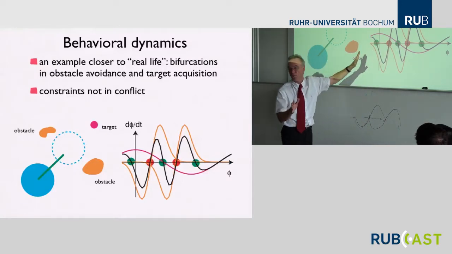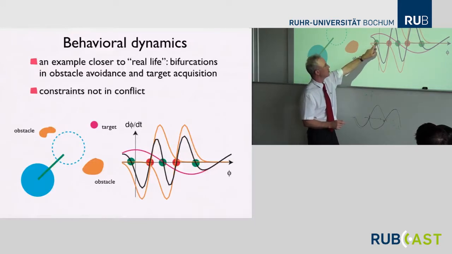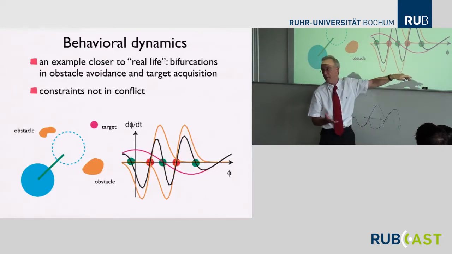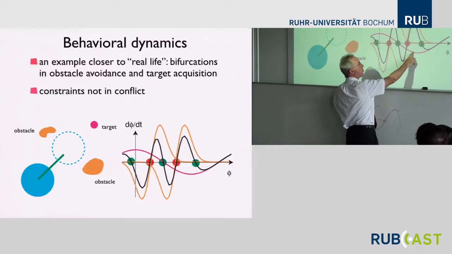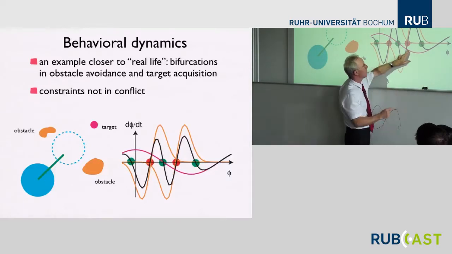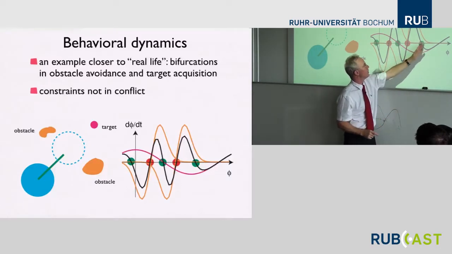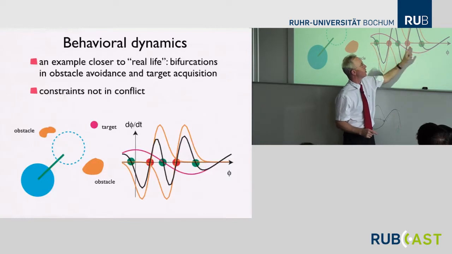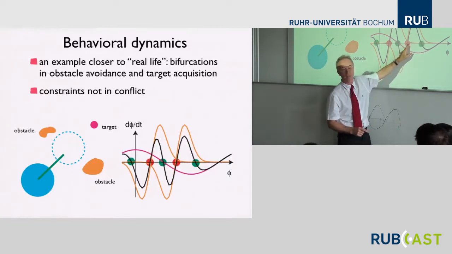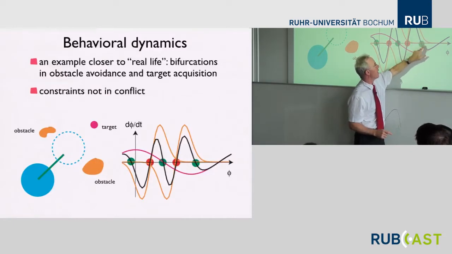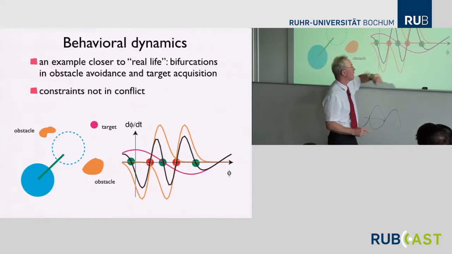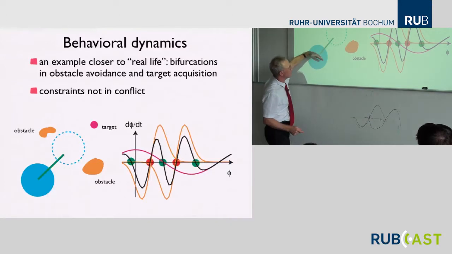So everything is perfect. There's some new attractors here on the outside that are in some sense emergent, right? They come from a compromise between going to the target, which would mean going this way, negative rate of change, and being repelled from that repeller still, that is a positive rate of change. So that balance gives you a new attractor. That is essentially the attractors of going around this way or going around that way.